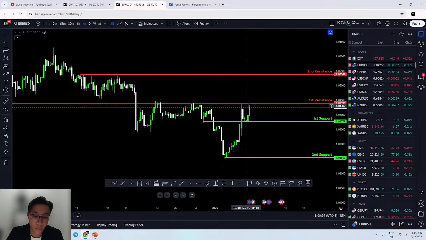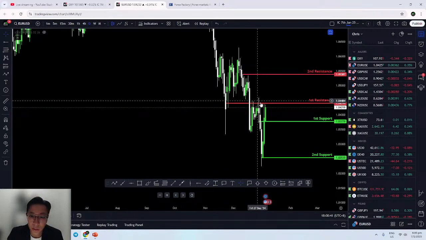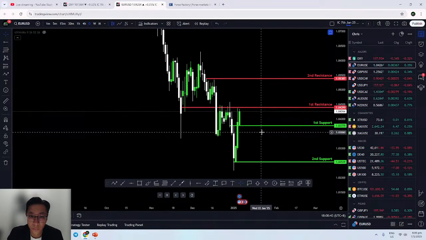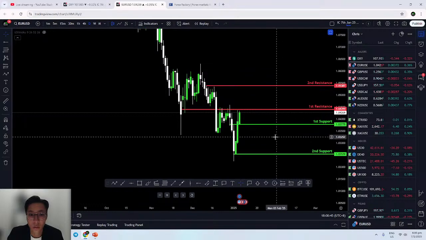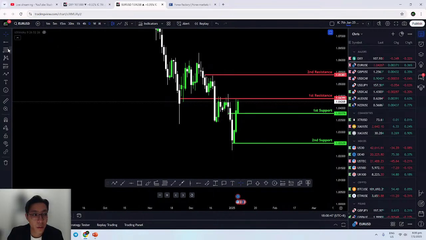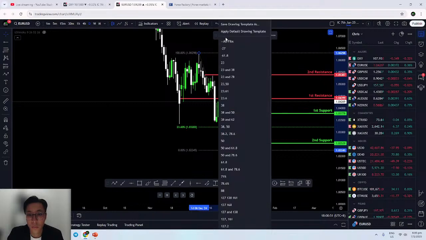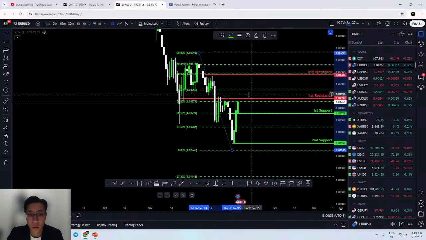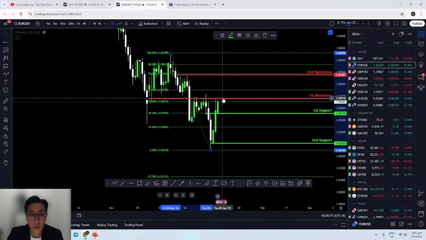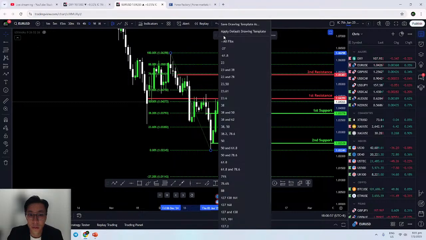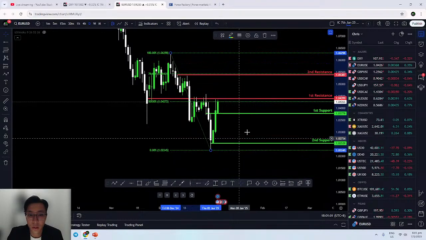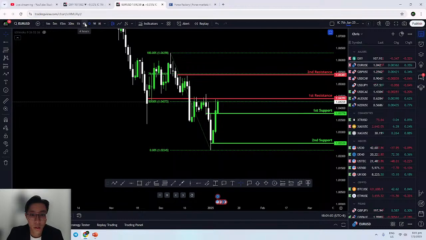It could react from here. Let's see daily. Oh, we have a high. Let's look at the bigger fib. 50%, reacting to the 50%. 50 and 38.2, 78.